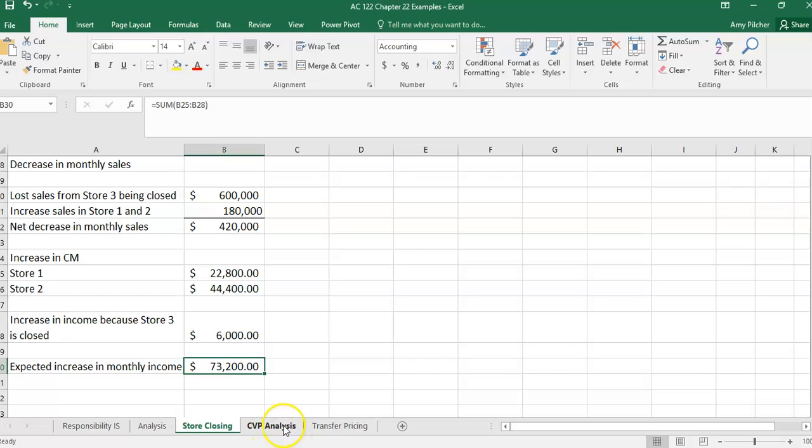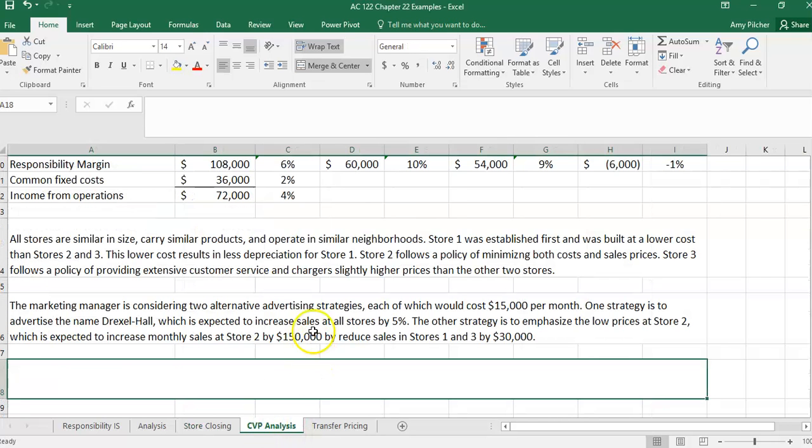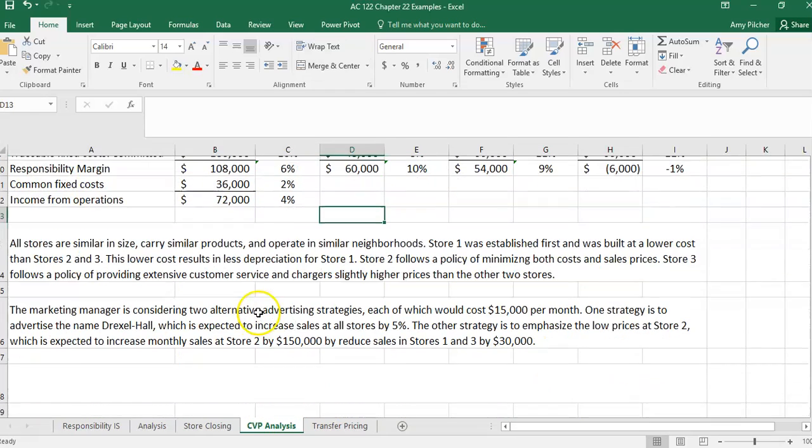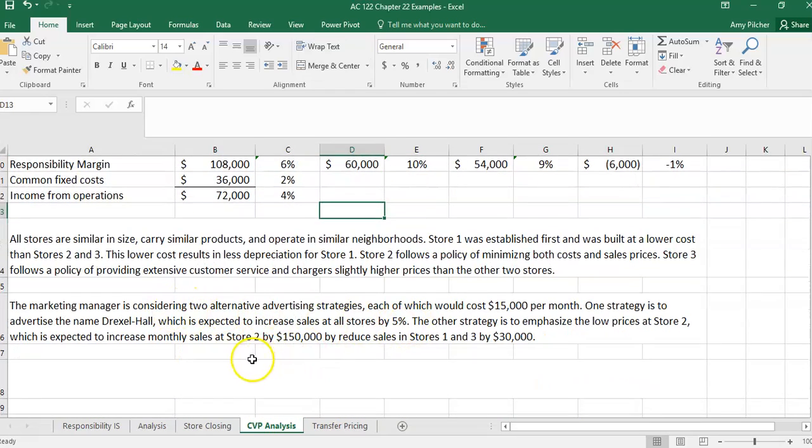We're also going to look at some CVP analysis for these stores. It's the same stores, stores 1, 2, and 3 for Drexel Hall. In this analysis, we're considering two alternative advertising strategies. Each advertising strategy would cost $15,000 per month.